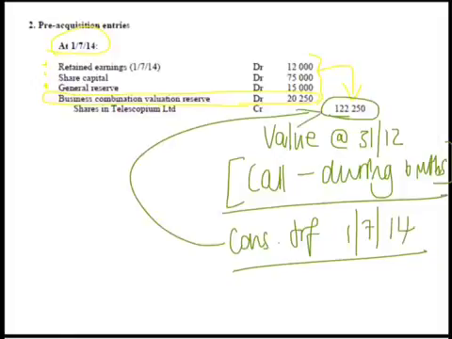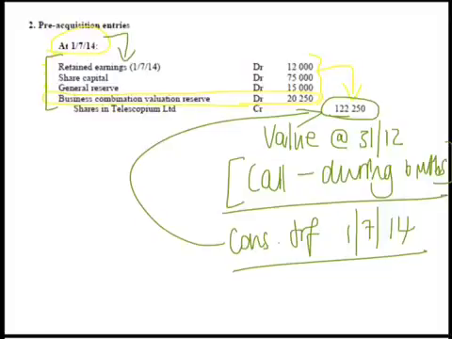So that is the investment in subsidiary adjustment. So the equity that we eliminate regarding the subsidiary's equity is the equity at the beginning of the current financial year. So in this case it will be on the acquisition date, the 1st of July 2014.